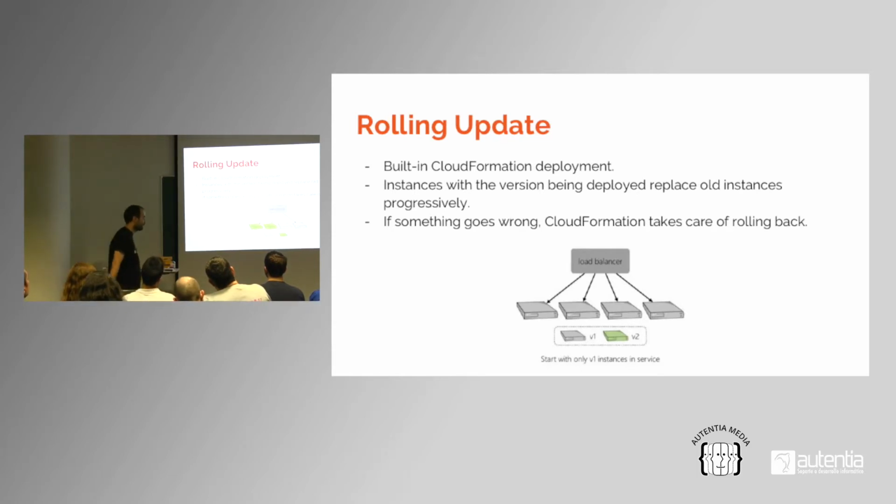And basically, you have your group of instances, an auto-scaling group, and they have one of the versions, version 1, which is the gray color, and you start taking one instance down and bringing one instance with the new version. So progressively, you are replacing all the old instances with a new version. If something goes wrong during the deployment, CloudFormation automatically takes care of rolling back to the previous version so you don't lose anything.